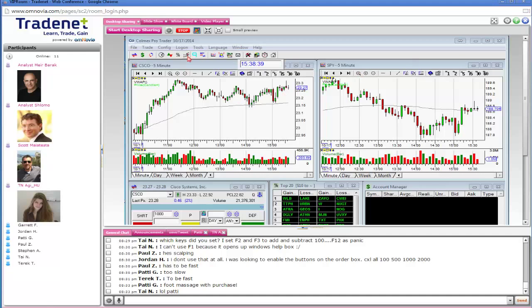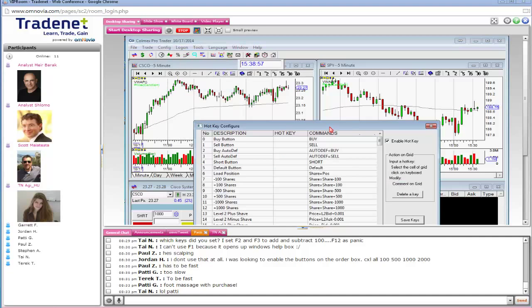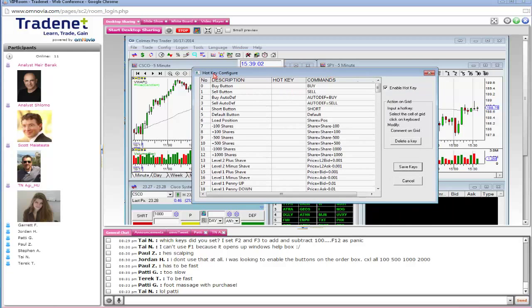So first of all, in the Colmex platform, we are clicking on config in the menu bar, in the toolbar, and from there you are going a couple of lines lower and you are going to find here the hotkeys. One click on the hotkeys and we have here the hotkeys configuration.